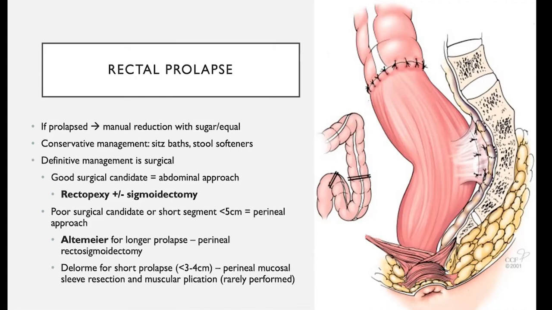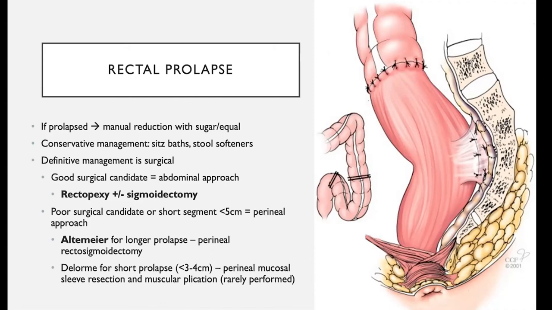And then for those that are poor surgical candidates, so those that have a lot of medical comorbidities or are elderly, these patients typically undergo a perineal approach, which is either an Altemeier, which is the procedure done mostly in the United States in adults, or a Delorme procedure, which I'll talk about in a second, which is a mucosal sleeve resection, whereas the Altemeier is a rectosigmoidectomy via perineal approach.